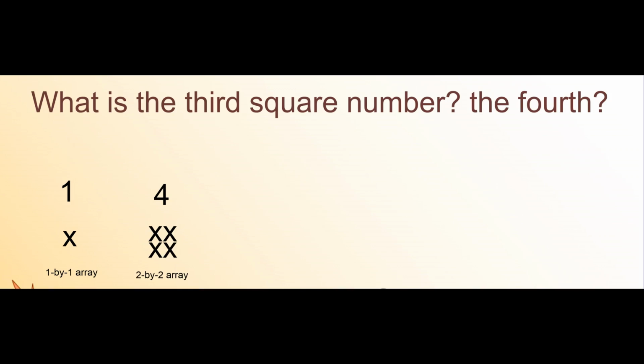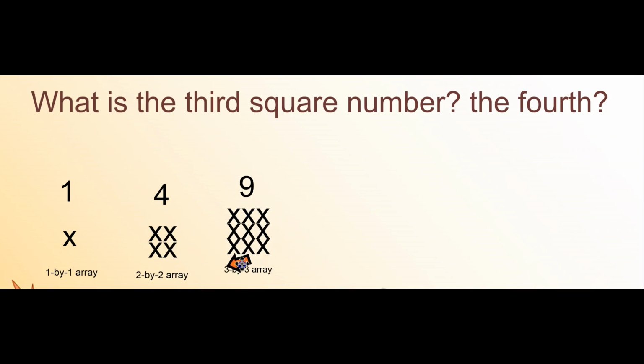Okay then, what would our third square number be? How about our fourth square number? Pause the video and give it a try. So our next square number is 9. A 3 by 3 array, 3 rows with 3 in each row.